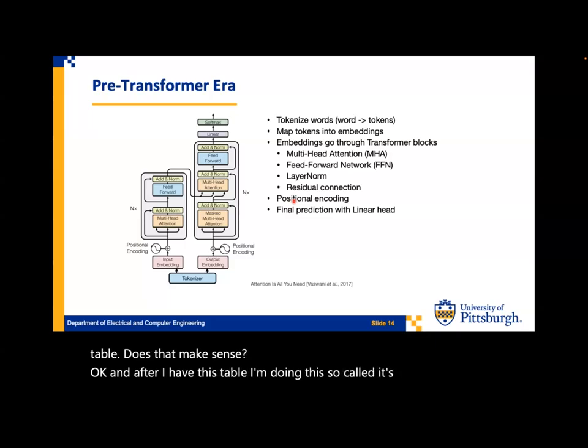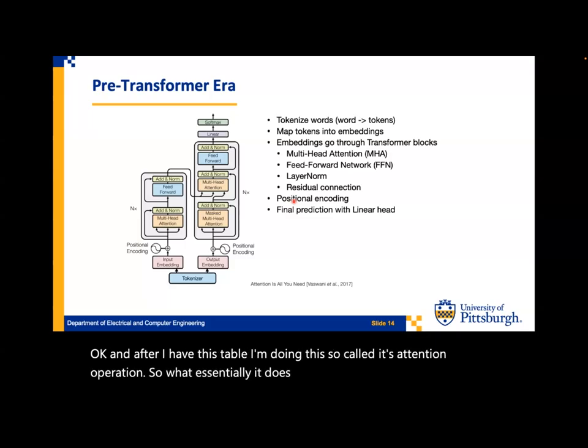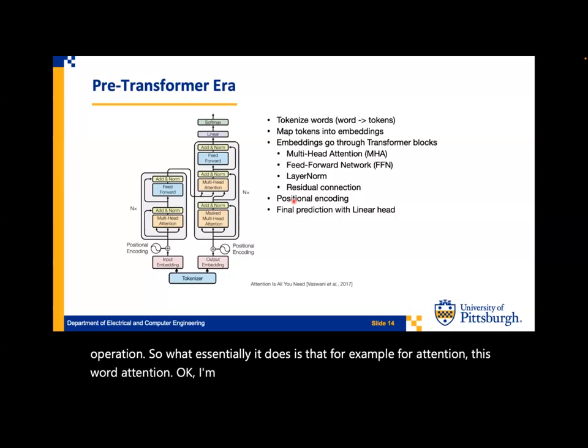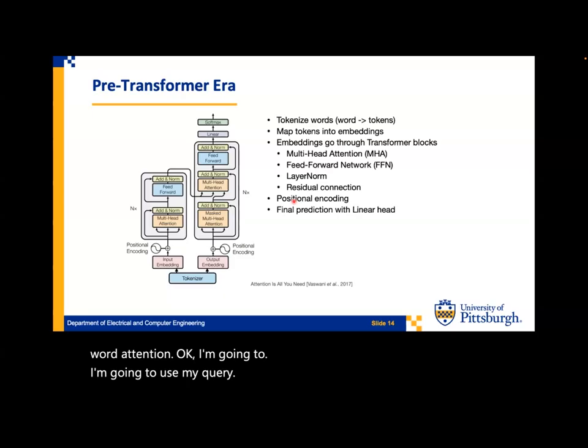What it essentially does is that, for example, for this word attention, I'm going to use my query to do a dot product with all the keys of "attention is all you need".